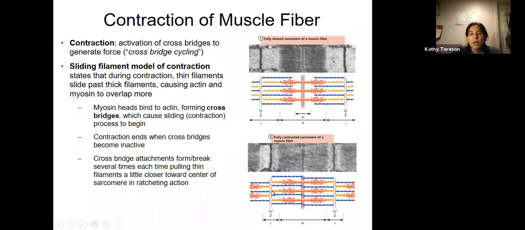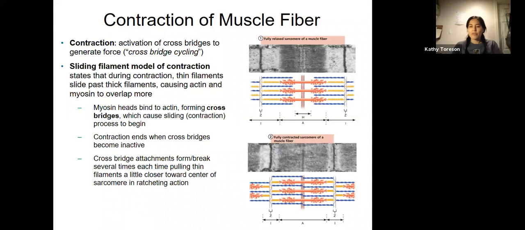So when the sarcomere is fully contracted, it would look like this bottom image. And now we see why we've got the M line here. So we've got the M line that was previously only the myosin filaments present. But if you notice here, when we are fully contracted, the actin filaments that were on the left-hand side and the actin filaments that are on the right-hand side are essentially meeting in the middle of the M line.